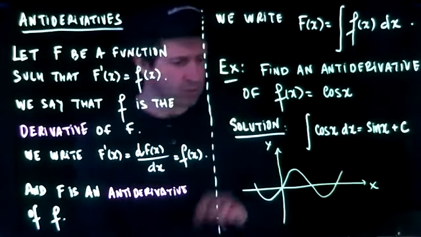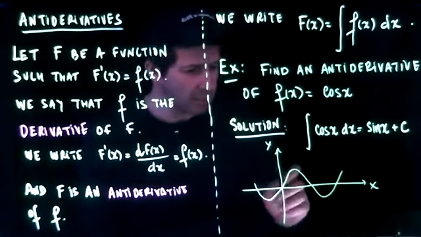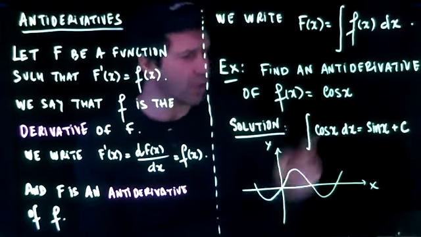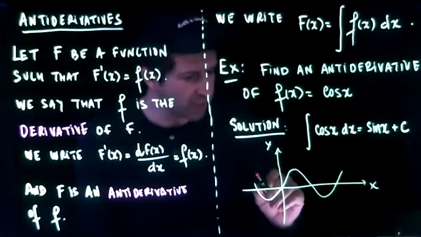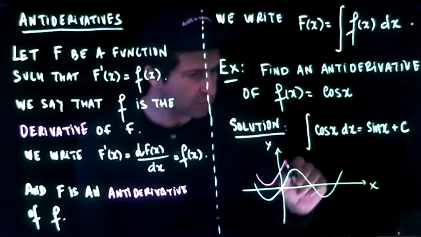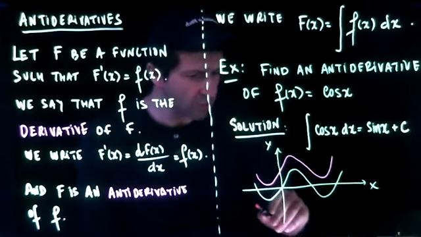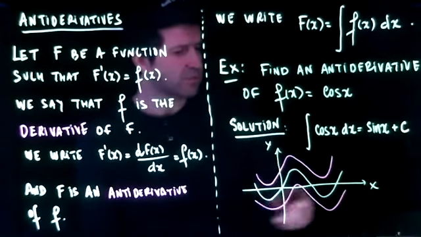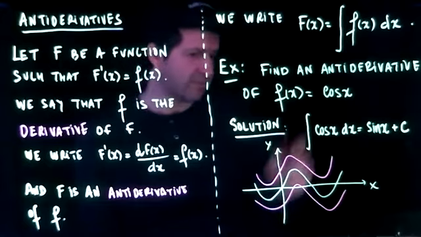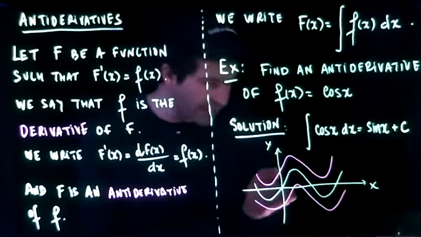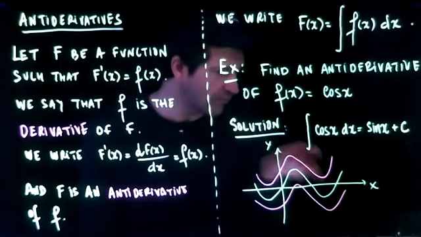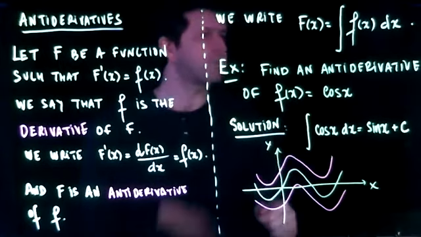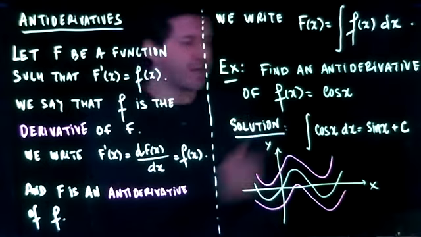But also any vertical translation of this function will also have the same slope everywhere. This one also, this one also. If you take the slope at any place, for every x, you have the same slope, which is going to be cos x. Is this okay?